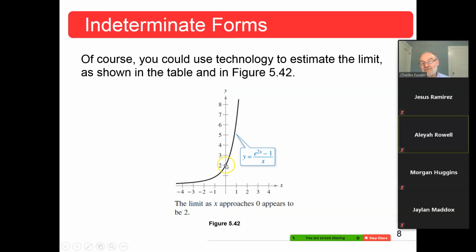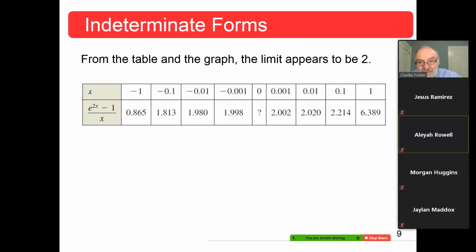The reason it has a hole is because this is not defined when x equals 0. But the limit obviously is equal to 2, graphically. Now the question is, do you always want to graph these very complicated looking expressions and see if you can figure out what the limit is? Frankly, I don't. So let's see if there might be a better way.